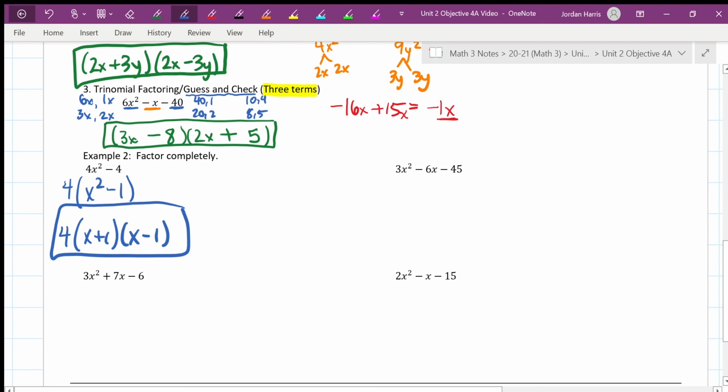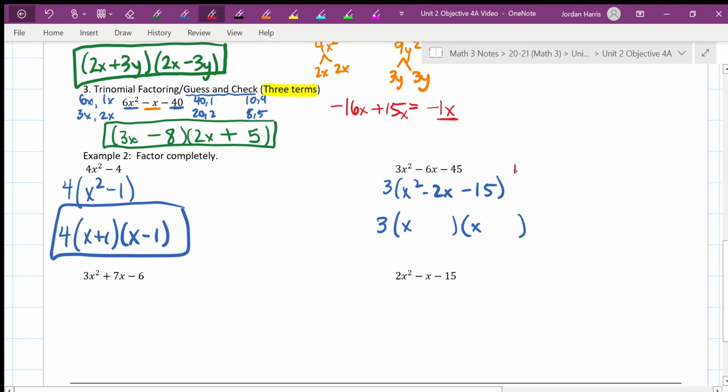I have, oh, there's a 3, GCF, x squared minus 2x minus 15. Okay, so this is actually an easier trinomial factoring now because there's a 1 in front. So I know when I factor it, it has to be x and x. This is the only way to make x squared. 1x and 1x. So the only thing I have to worry about is the outside terms.